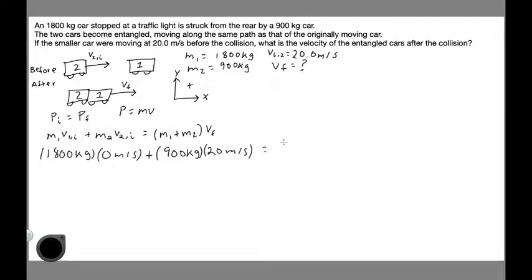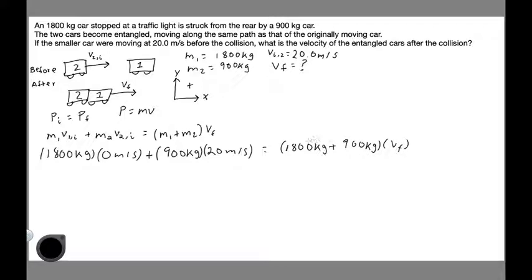And this will be equal to the combined mass of both cars times the final velocity. So the combined mass of both cars is going to be 1,800 kilograms plus 900 kilograms, times the final velocity, which we'll call VF.